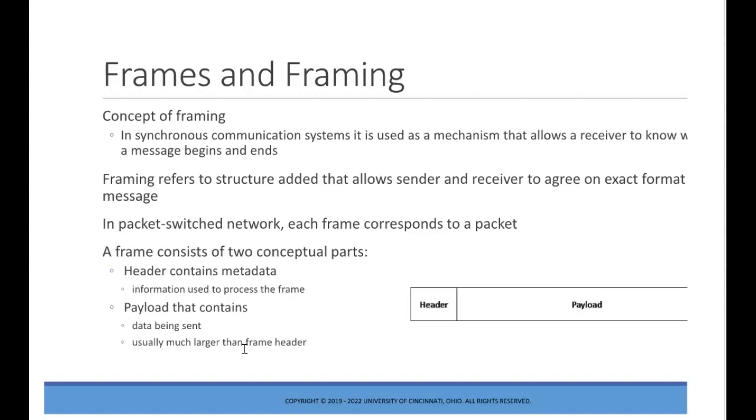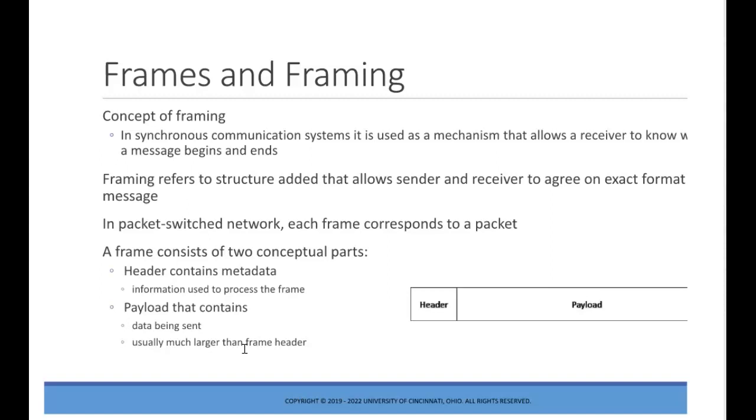In synchronous communication systems, framing is used as a mechanism that allows a receiver to know where a message begins and ends. In more general terms, framing refers to the structure added to a sequence of bits or bytes that allows a sender and a receiver to agree on the exact format of this message.